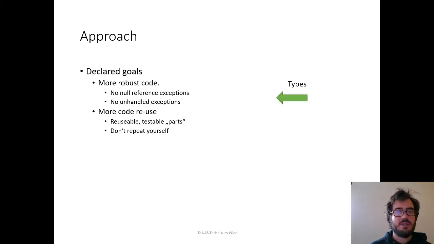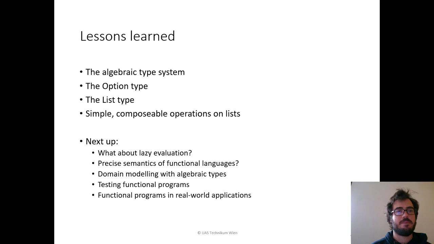Then we used functions and higher order functions to write small testable parts which can be chained together by using piping or by using function composition to write bigger programs. And finally, we even implemented a list type. So what have we learned so far? There's an algebraic type system. We have learned about the list type and the option type, and we have developed simple composable operations on lists.